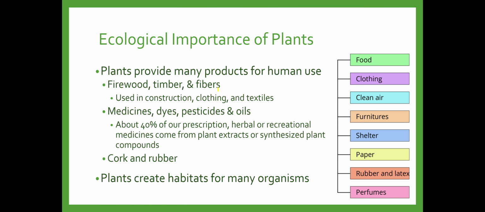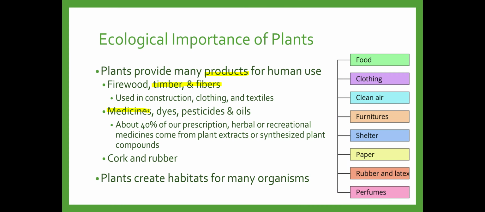All right, we also have other roles like many products, and if you just think about your daily life, how many products you use that might come from plants or plant parts or plant chemicals. We use firewood, we use timber to build our homes and many structures. We use fibers in our clothing and things like rope.